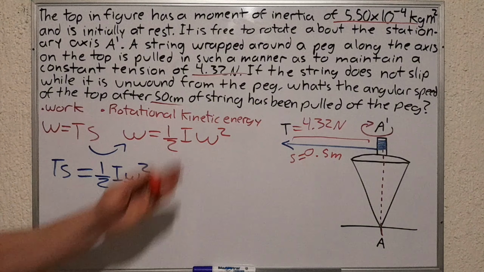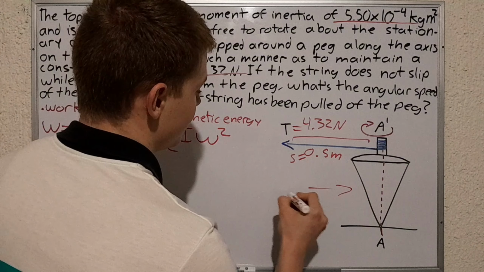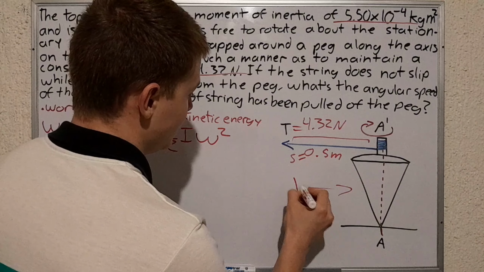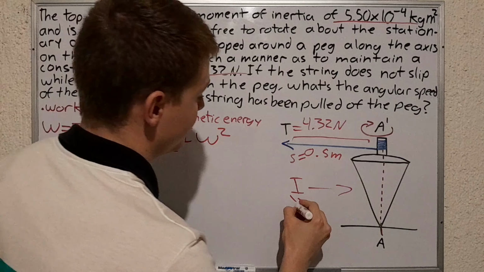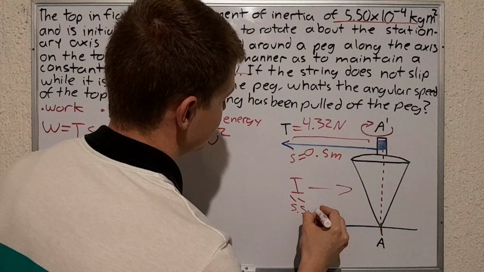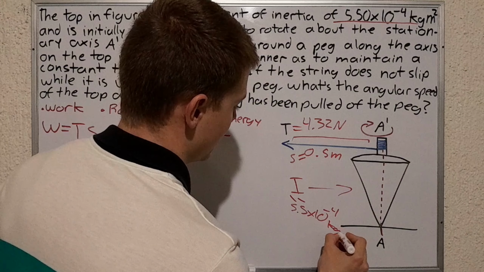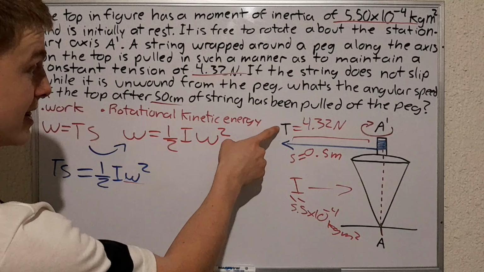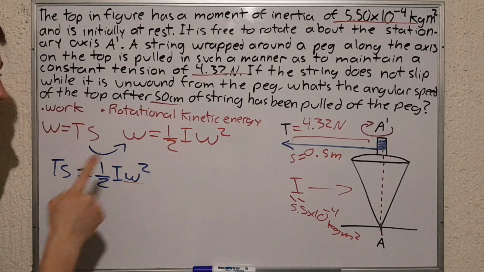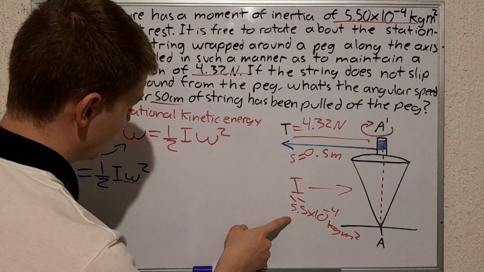I'm missing the moment of inertia of the top. I will name it I, and it'll be 5.5 times 10 to the negative 4 kilogram square meter. Now we've got everything in here: the tension, the distance, and the moment of inertia.